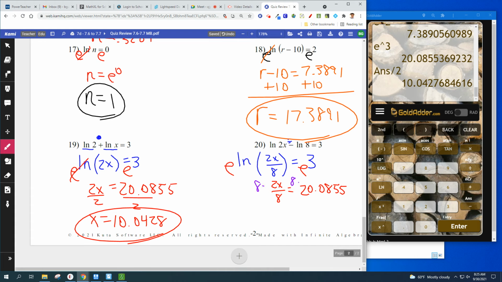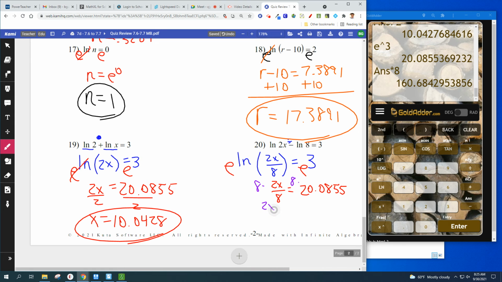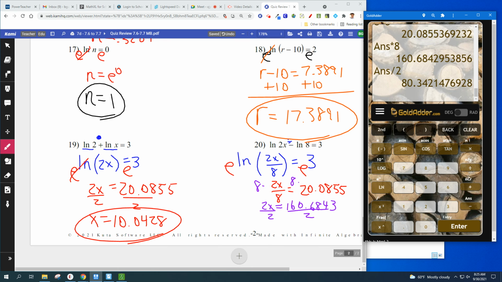E to the third is that. I'm going to need to multiply it by 8. So I've got 2x equals 160.6843. And then divide by 2. X is 80.3421.